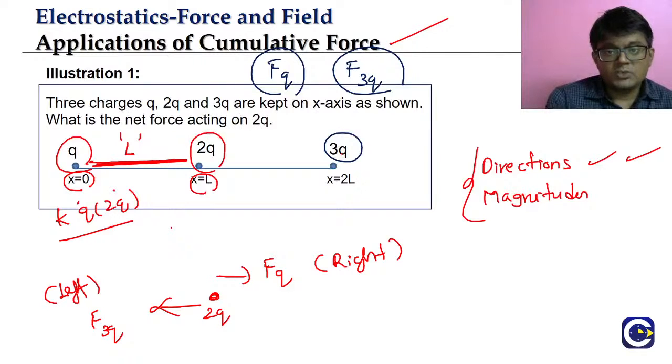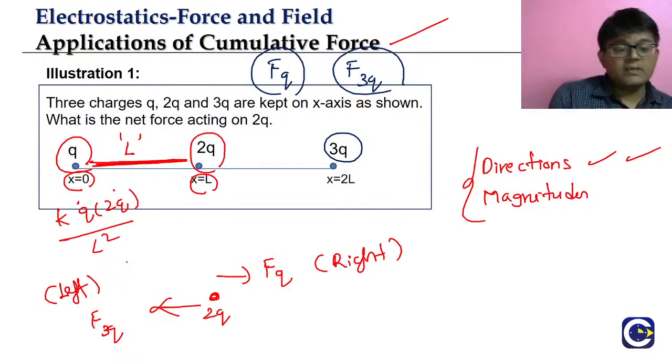So denominatorல என்ன வரும்? r square தானா? k into modulus வரணும், பட் modulus நம்ம யூஸ் பண்றது கிடையாது. எதுக்கு? Because since q and 2q are same type of charges, அதோட product will be always positive, whether the q and 2q are positive or negative.